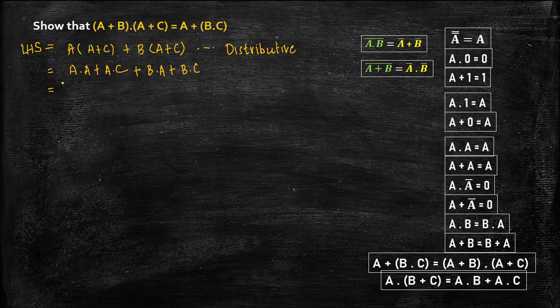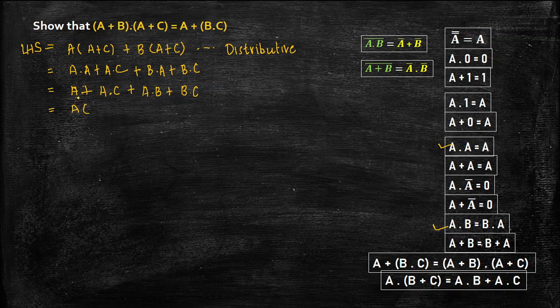Now A dot A, I have already told you, is equal to A only. So therefore A dot A is replaced by A, plus A dot C, plus I am going to replace this B dot A as A dot B by the commutative law. So it will be A dot B plus B dot C. Now from these two terms, A can be taken common.